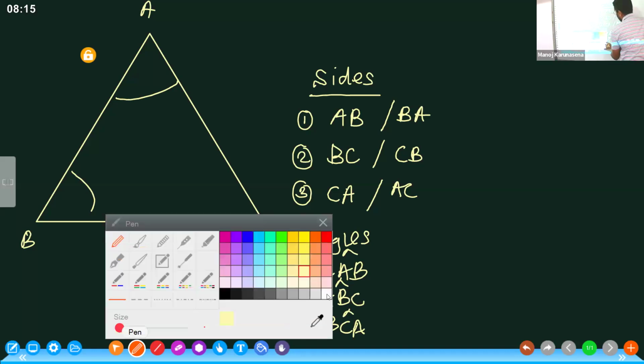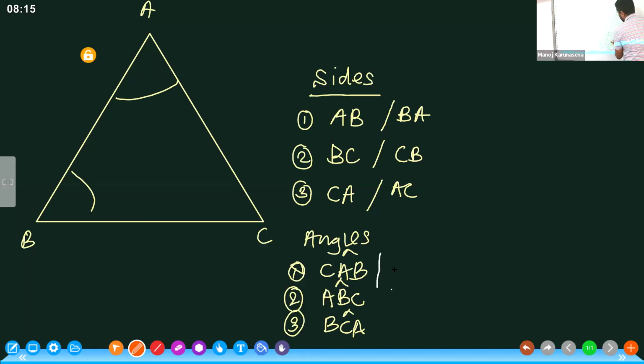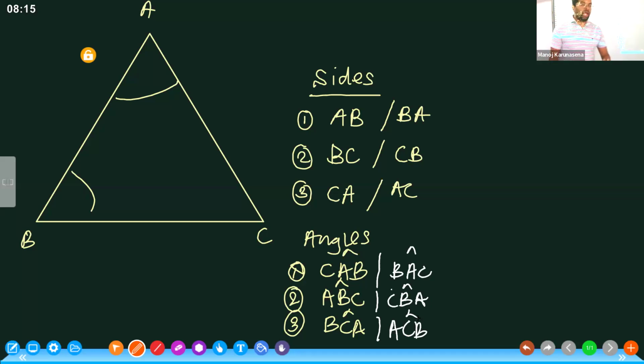Again, the same angles we can represent as BAC, CBA, and ACB.